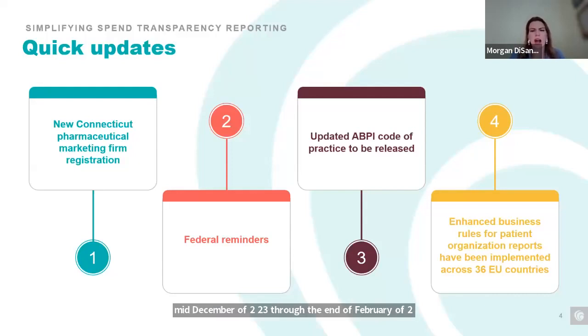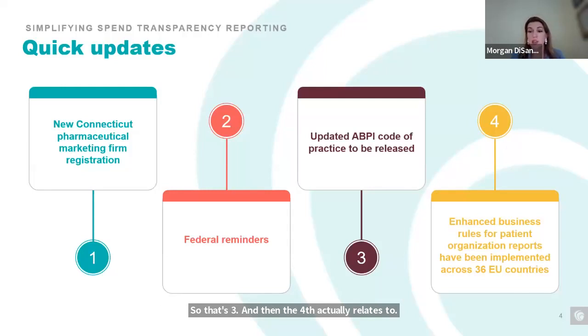And there are a variety of proposed changes that I'm not going to touch upon all of them, but some of them include, for example, the use of QR codes and then accessing prescriber information from printed materials. So that will be potentially added, as well as also providing clarity on the different arrangements between companies and patient organizations.